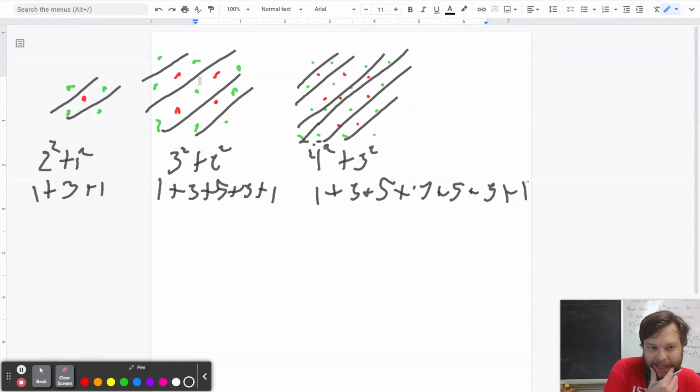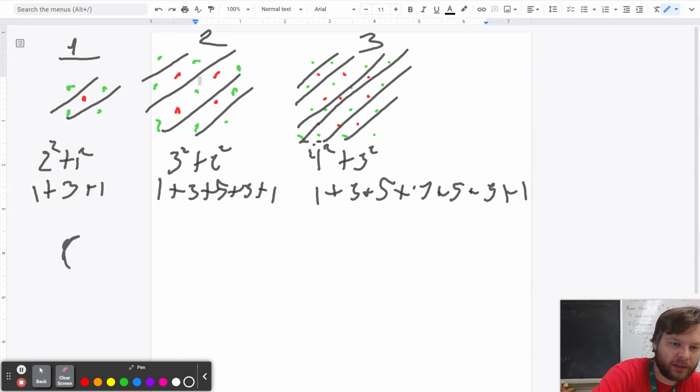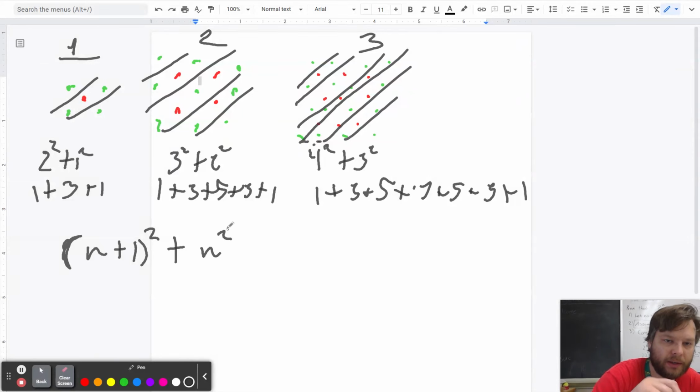So basically, the conjecture here, remember that this is figure number one, figure number two, figure number three. So my conjecture is that if I look at it as squares, then I have n plus 1 squared plus n squared.